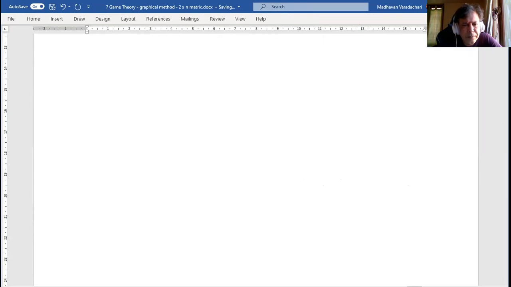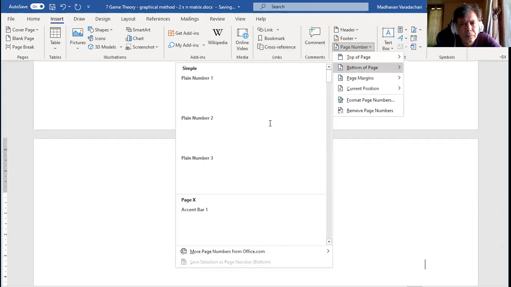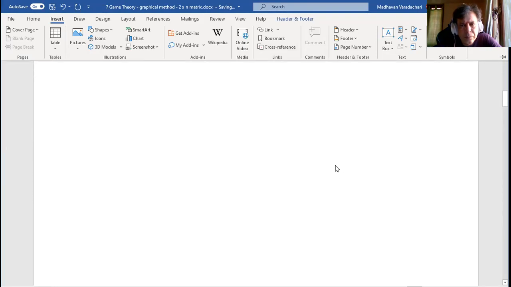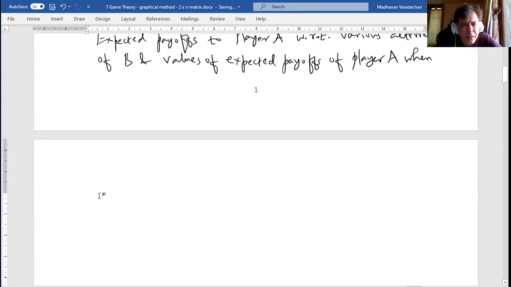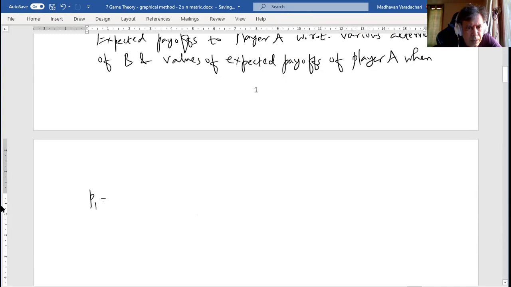Create some pages, when we can say when P1 equal to 0 and P1 equal to 1, because the probability's least value can be 0 and highest value can be 1.